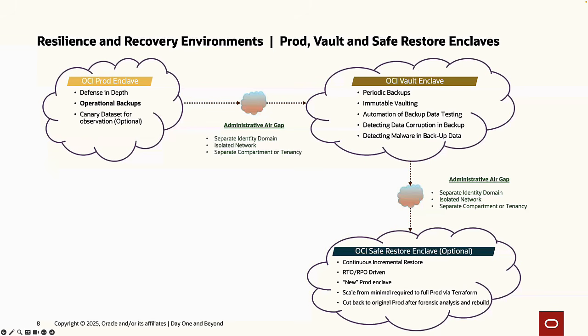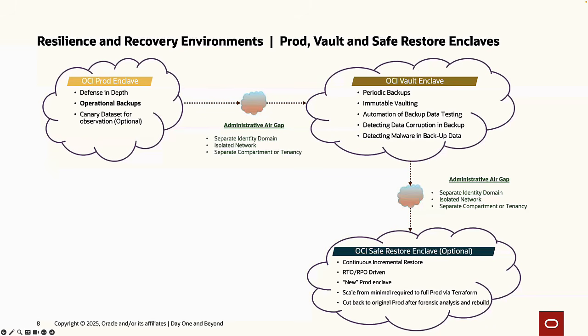This enclave can actually also act as a new production enclave by including automation, like through Terraform, for instance, that could take this minimum viable architecture and expand it into a full production architecture, at literally the push of a button.